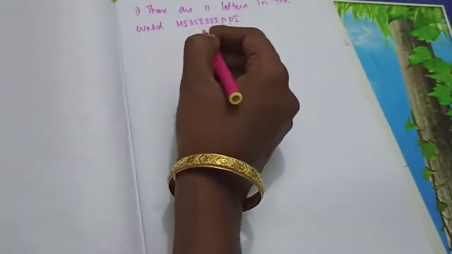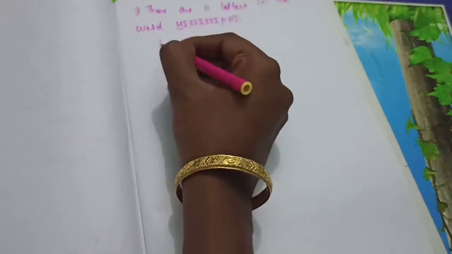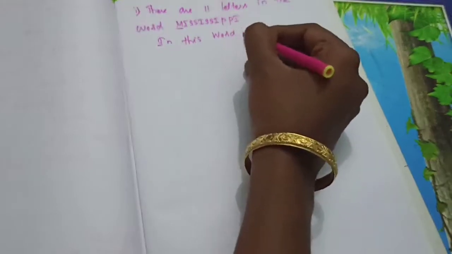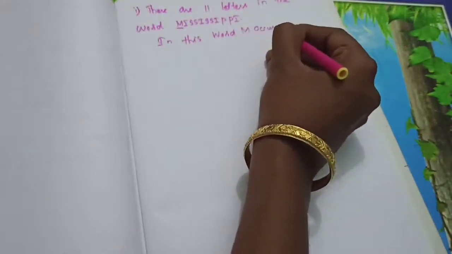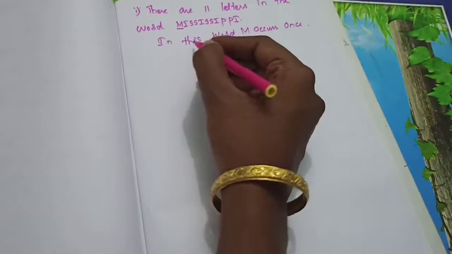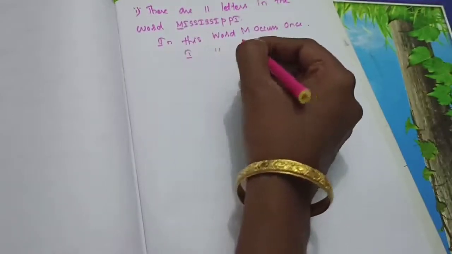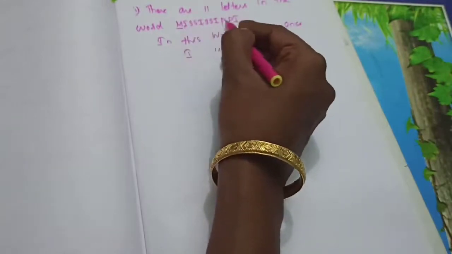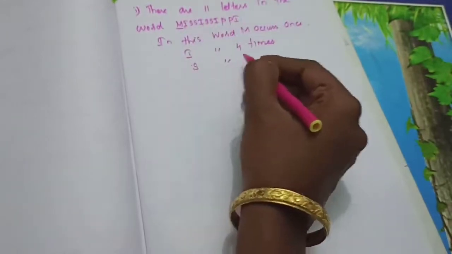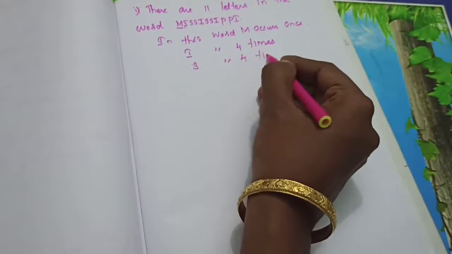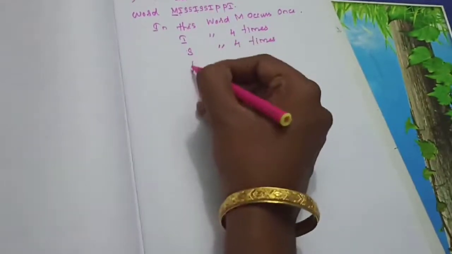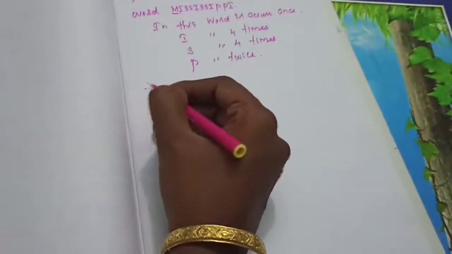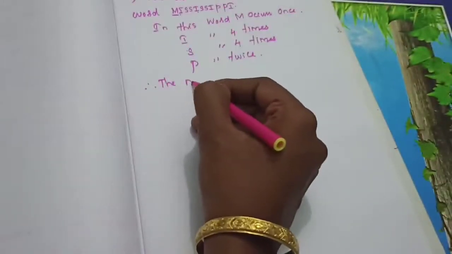So in this word, M occurs how many times? M occurs once. Is it right? Then I occurs how many times? 4 times. Correct? 1, 2, 3, 4. Then S occurs how many times? 4 times. Correct? Then P occurs how many times? Twice. Okay. So therefore the number of permutations.